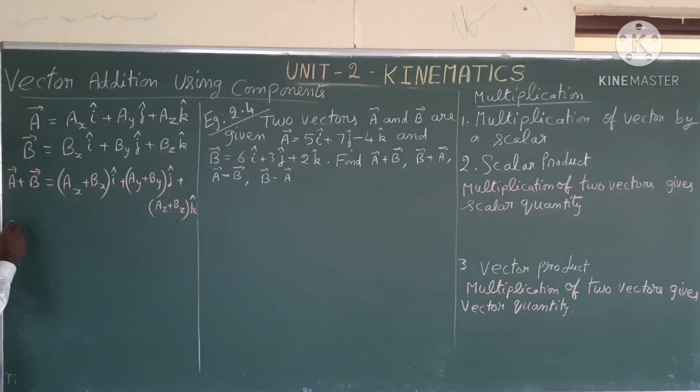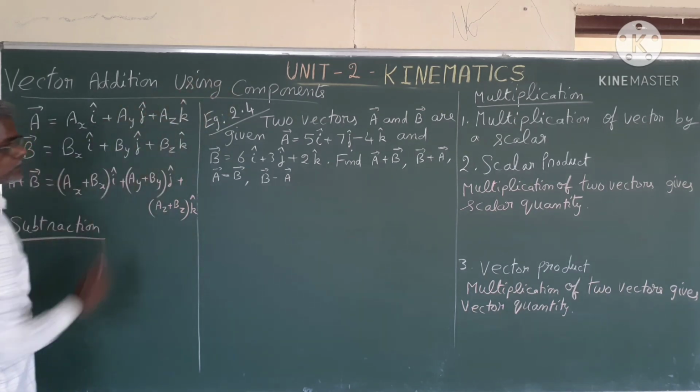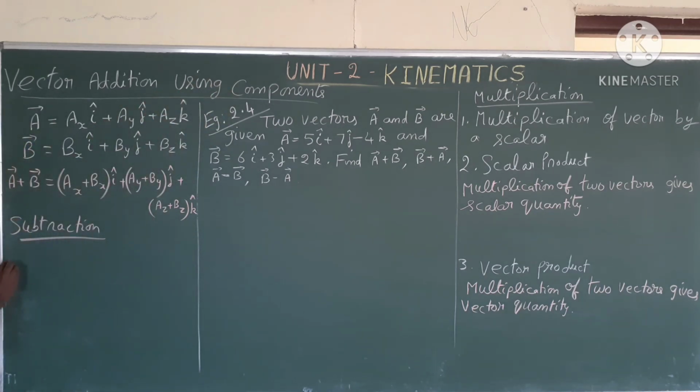Now we will go for subtraction, that is subtraction using components. So A vector minus B vector is equal to subtract the magnitude of i vector.